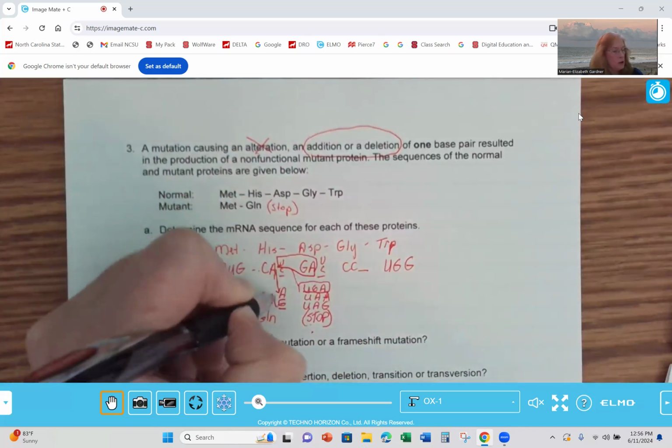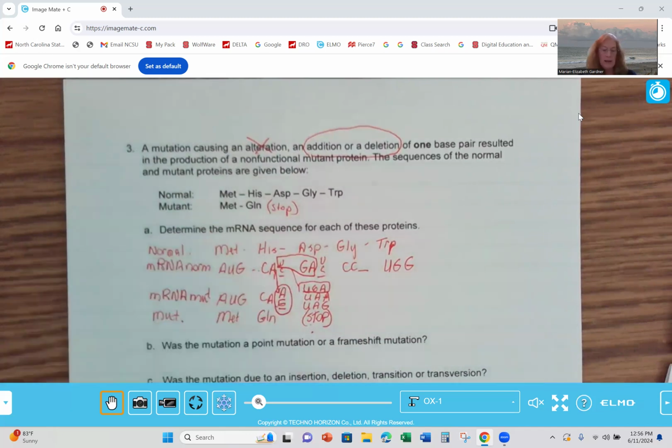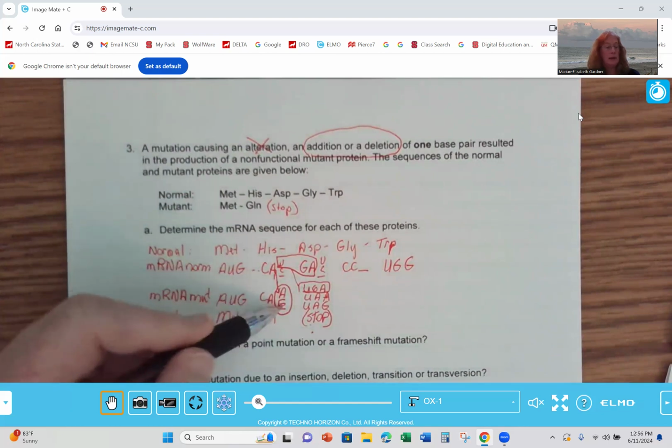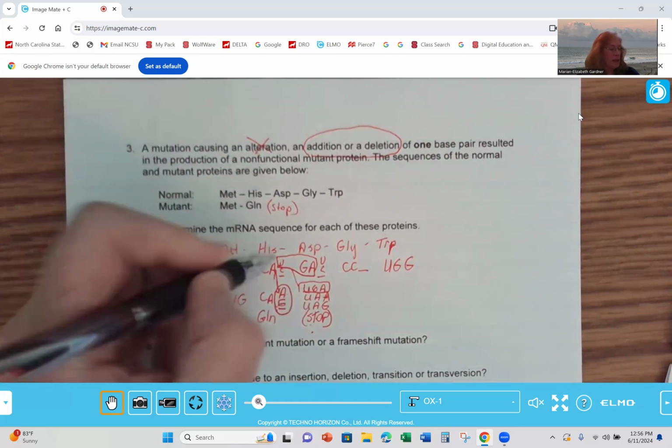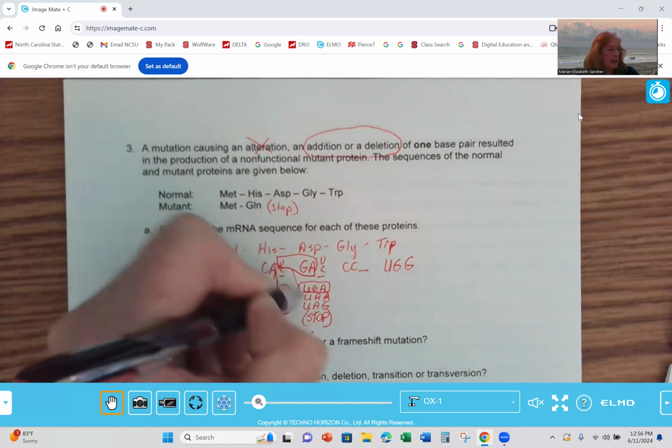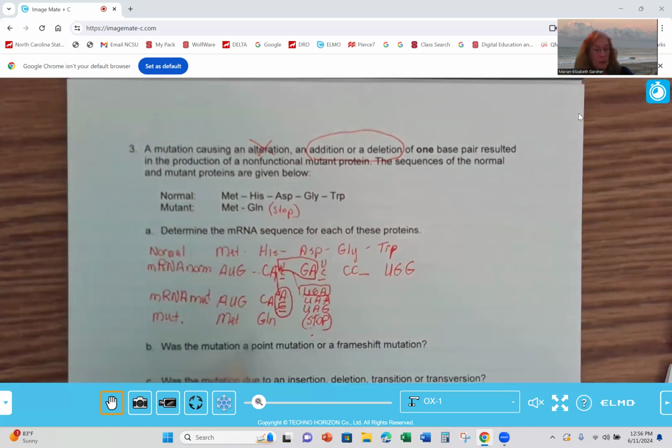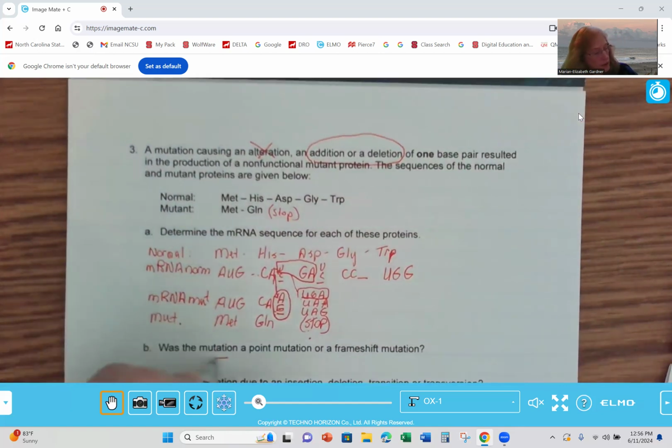So if I inserted something right there, then that would have done it. So in this particular case, I could say I inserted the AT, or I could say I inserted the GC, either one, but that insertion would allow me to get on frame. And so we will call this a frameshift mutation.